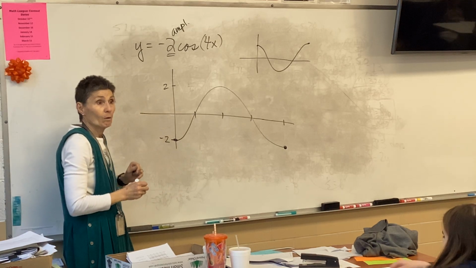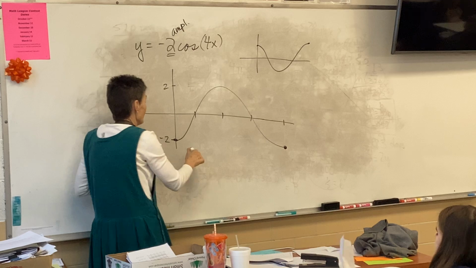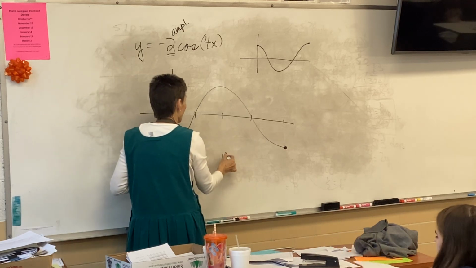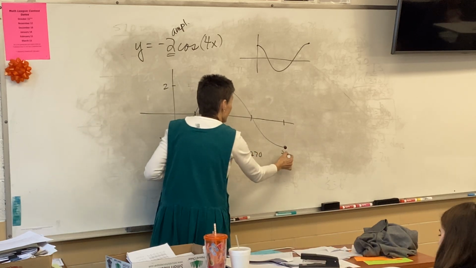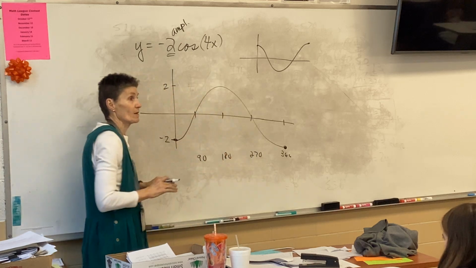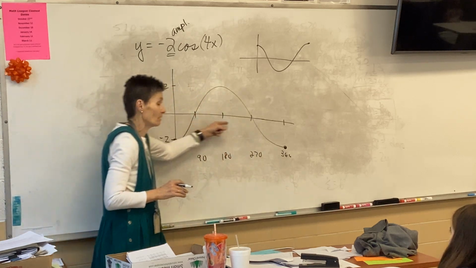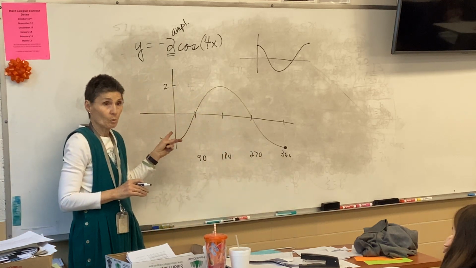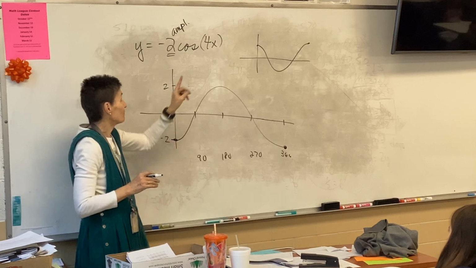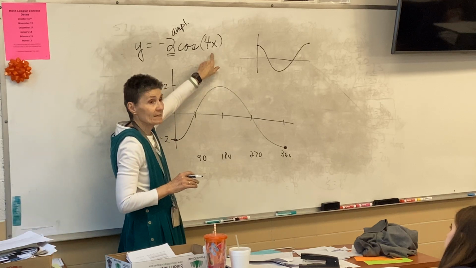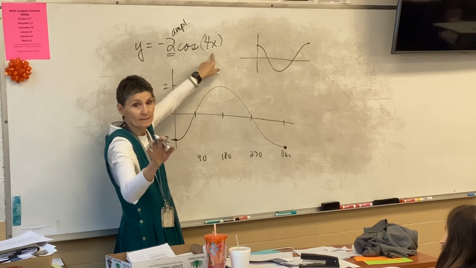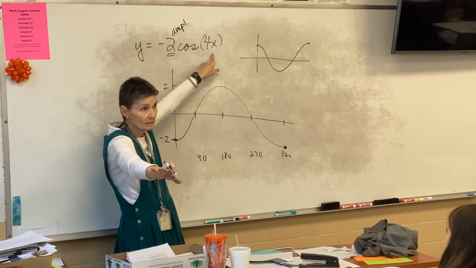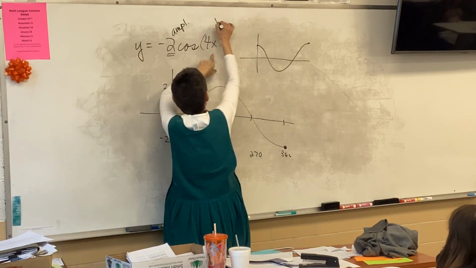Now, normally, these labels would be 90, 180, 270, and 360. Those would be the normals. But I didn't put them up here in the actual graph because I've done something. What have I done? Divided. This is a divider.